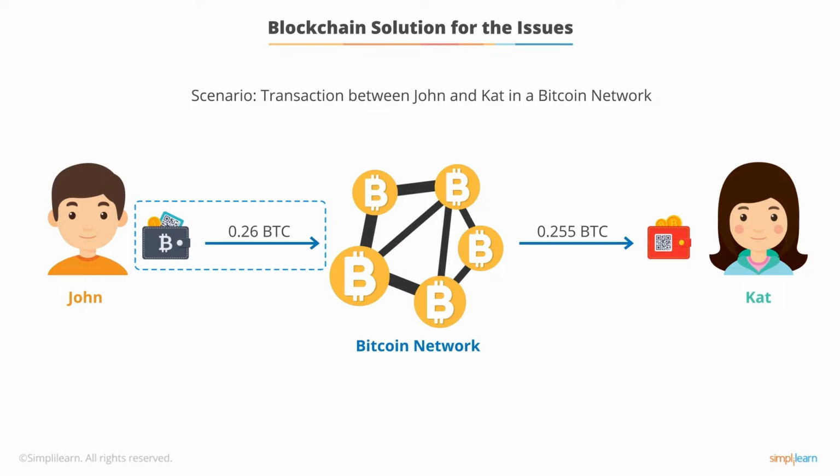First, John uses his Bitcoin wallet to initiate a transaction. The amount is then sent to Kat's public address, which is the equivalent of a bank account number in the Bitcoin world. The amount thus gets credited almost instantaneously in Kat's wallet, as opposed to taking 2 to 5 days like a bank does.